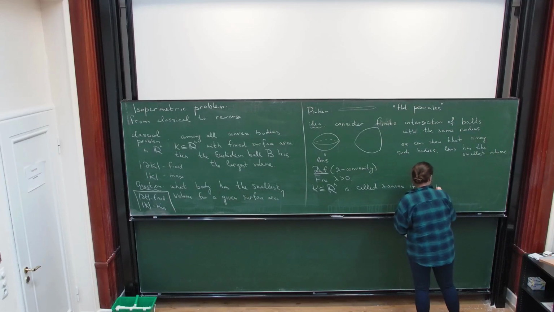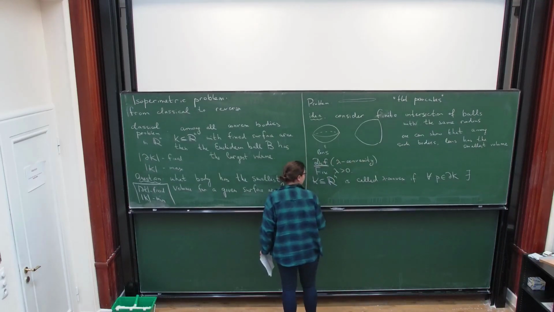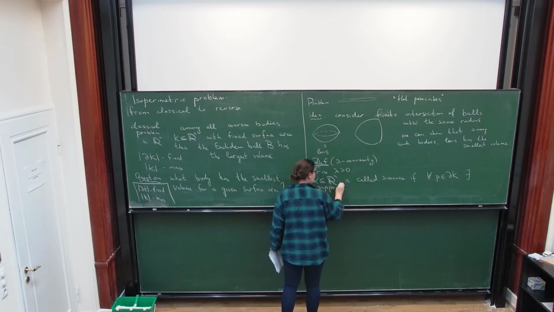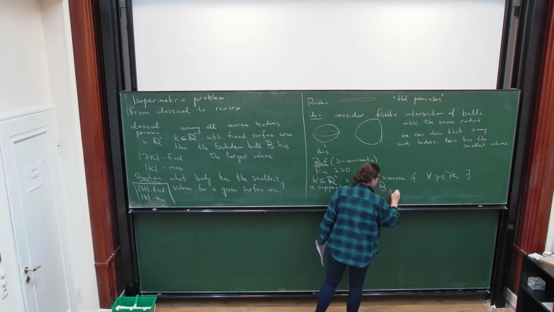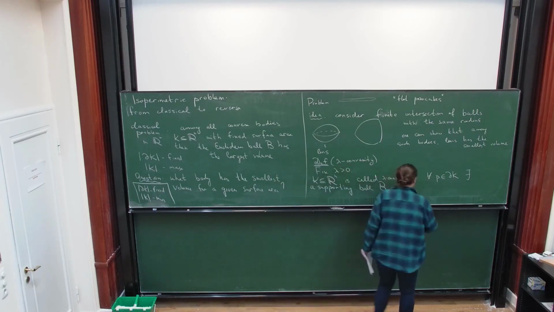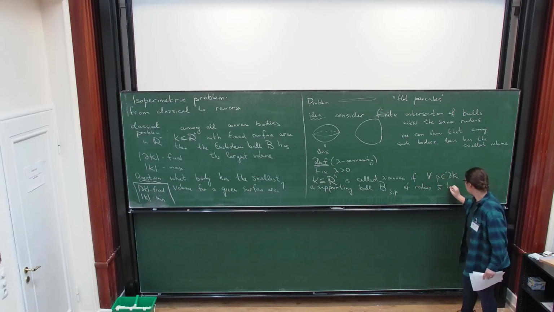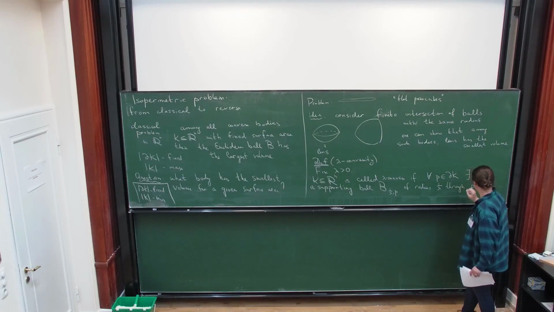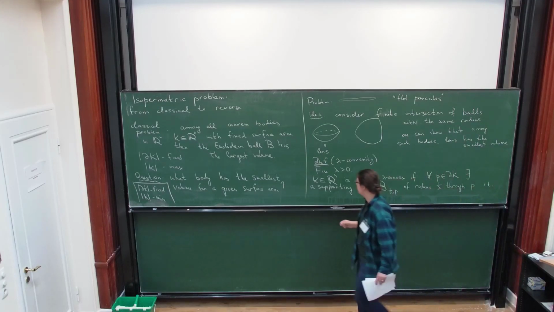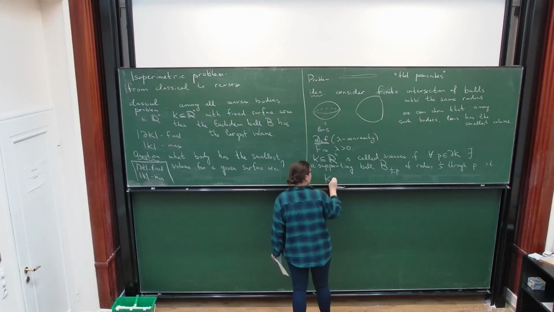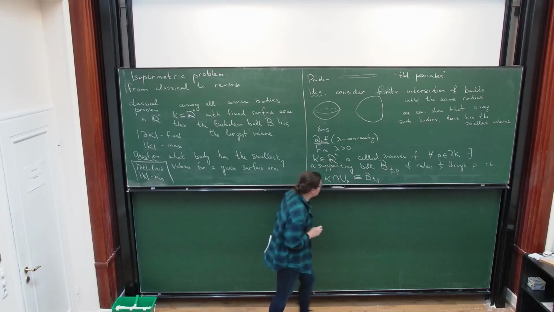So if for any point on the boundary there exists a supporting ball, I'm going to denote it as B sub 1 over lambda comma P. This is the ball that has the radius 1 over lambda and passes through the point P. I'm going to draw the picture, but for now this is the definition such that the following condition is satisfied: that locally, so in some neighborhood, the body is contained in this ball.